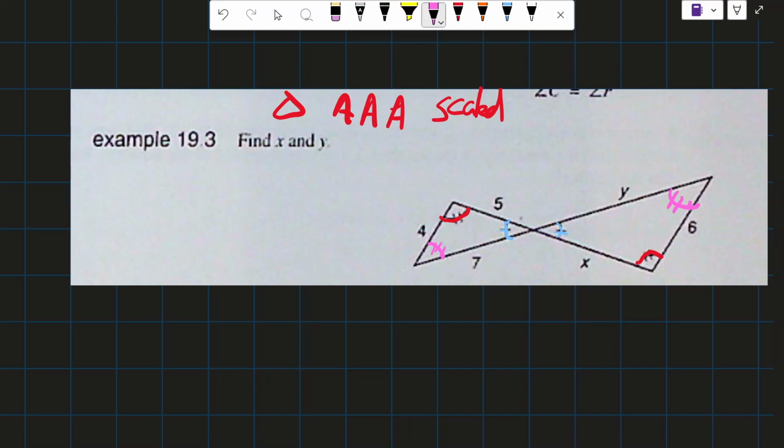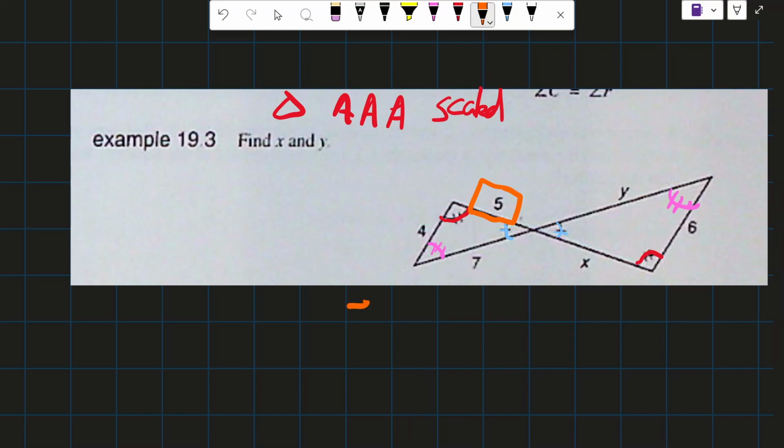So now all we have to do is, and it kind of helps to have colors actually sometimes, look at, let's say this 5, okay? 5 is in between the red angle and the blue angle, right? The red and the blue. And the red has double hash marks and the blue has a single, right?